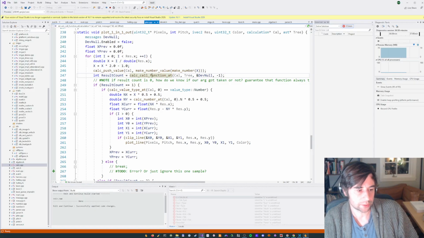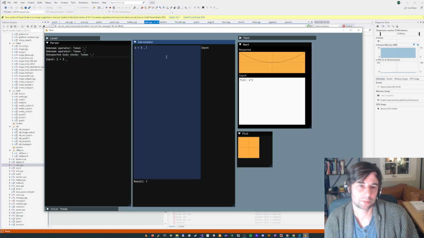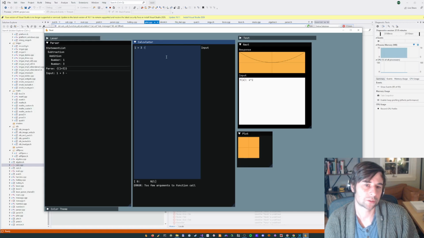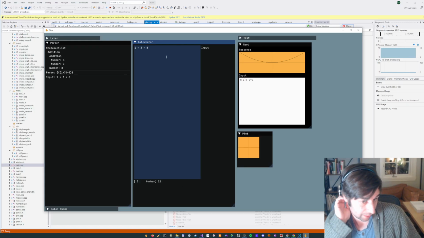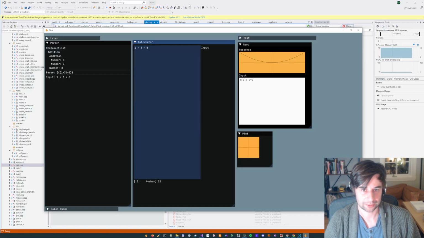Yeah, the mental model is the same. I don't like RPN calculators because I just want to do 1 + 3 + 8. But internally, that's definitely the right way to evaluate stuff.